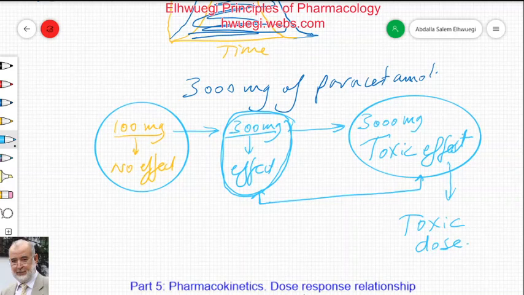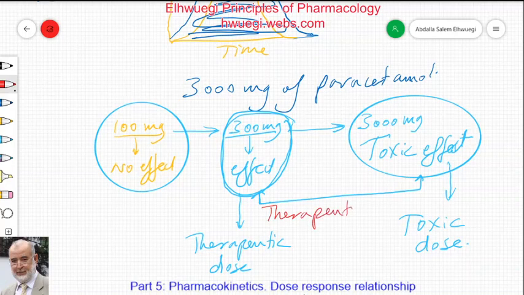And the difference between the therapeutic dose and the toxic dose is known as therapeutic index. Okay? So what's the therapeutic index?